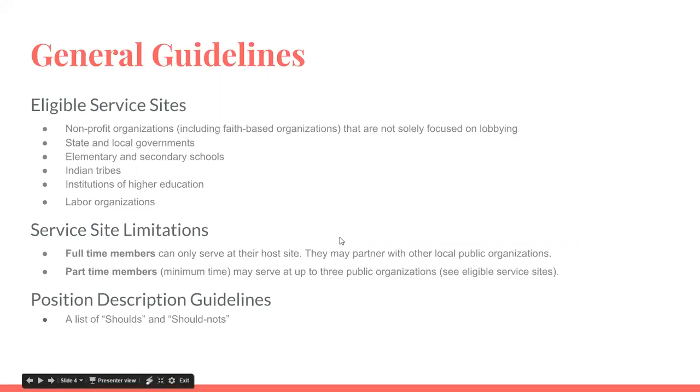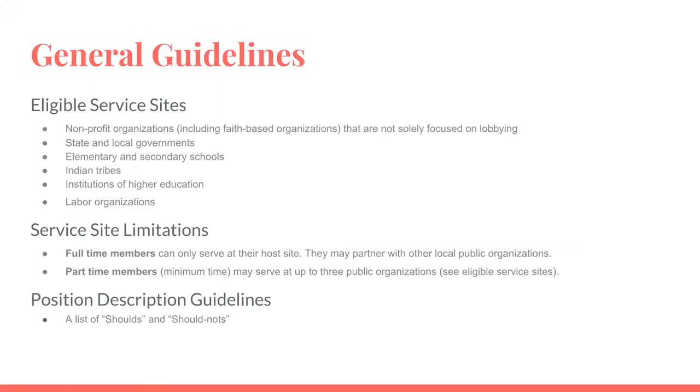There are some general guidelines. Something added was a definition of eligible service sites. Those are nonprofit organizations, which includes faith-based organizations not solely focused on lobbying, state and local governments, elementary and secondary schools, Indian tribes, institutions of higher education, and labor organizations.